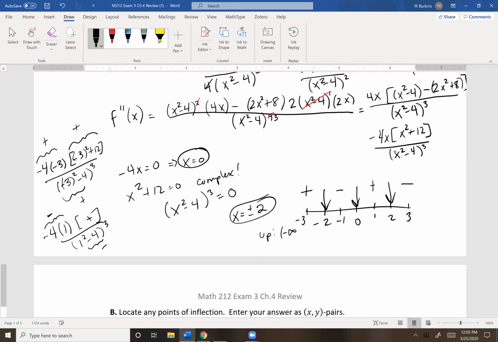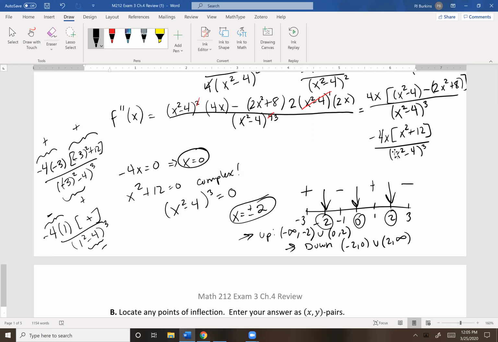Up is minus infinity to negative 2 and 0 to 2, and then down is negative 2 to 0, 2 to infinity. The one thing I want you guys to be careful of, and I see it all the time, is when you're doing your up and down, the numbers here that you use got to be your inflection points.